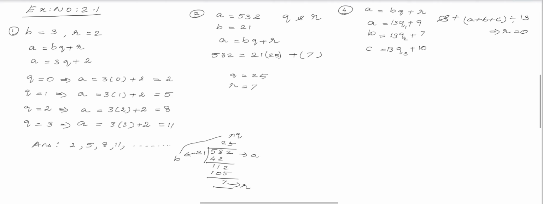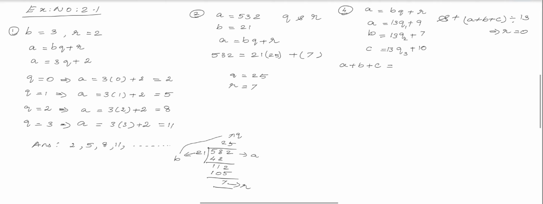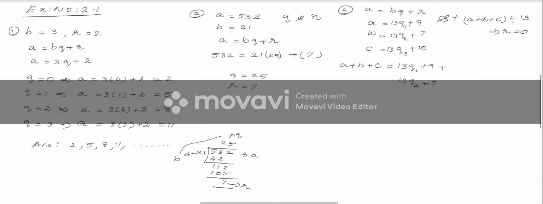Here you are asked to show that A plus B plus C is divisible by 13, isn't it? So we will start again with that itself. A plus B plus C is equal to what? What is your A? 13 Q1 plus 9 plus 13 Q2 plus 7 plus 13 Q3 plus 10, right?